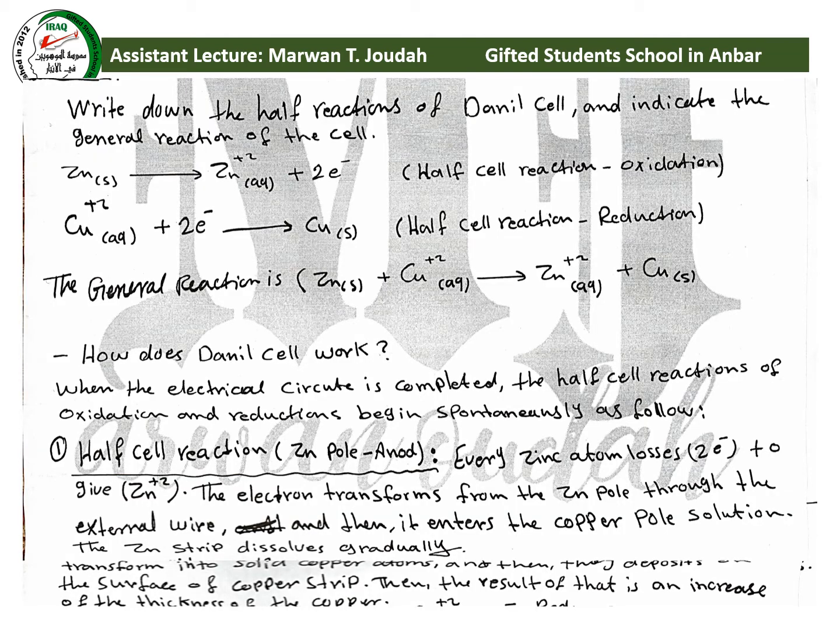So the equation could be as follows. Write down the half reactions of the Daniell cell and indicate the general reaction of the cell. We know for the Daniell cell we have Zn and CuSO4, and there will be a transfer between these two.